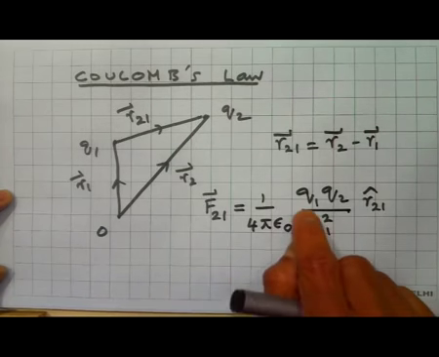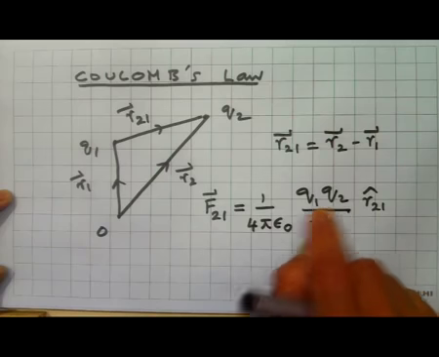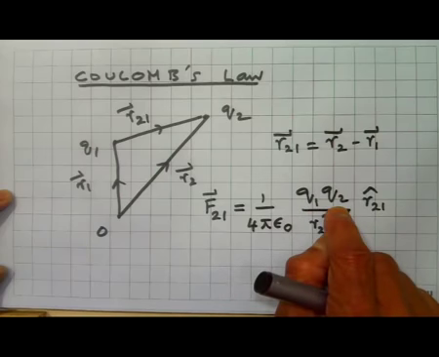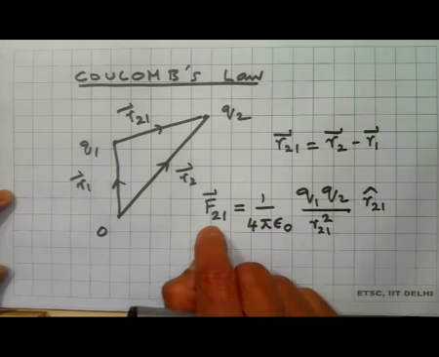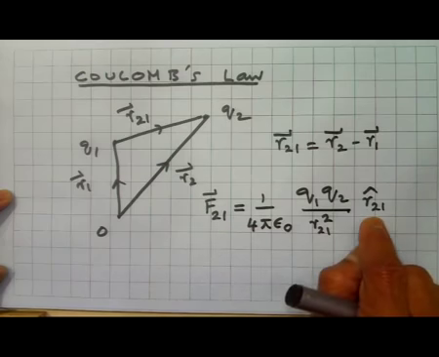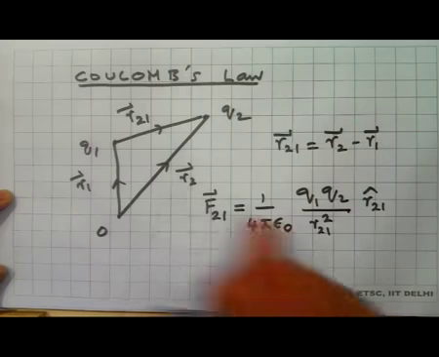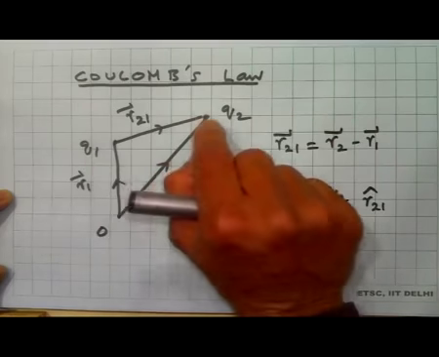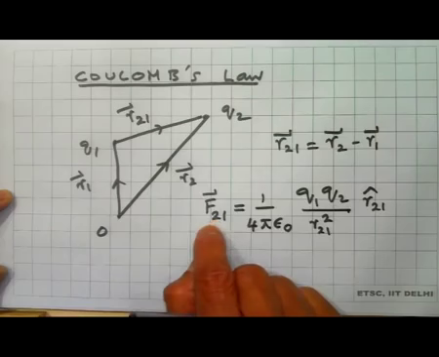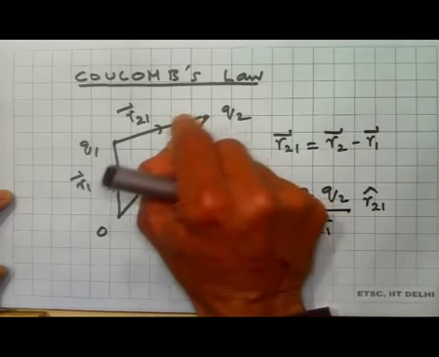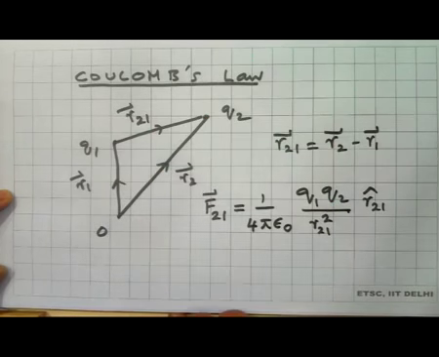If the signs of q1 and q2 were opposite, if one was positive and the other negative, then the direction of the force F21 is opposite to the direction of the unit vector r21, and the force becomes attractive. So, if for example this is positive and this is negative, then the force acting on this charge is towards q1, which is attractive.